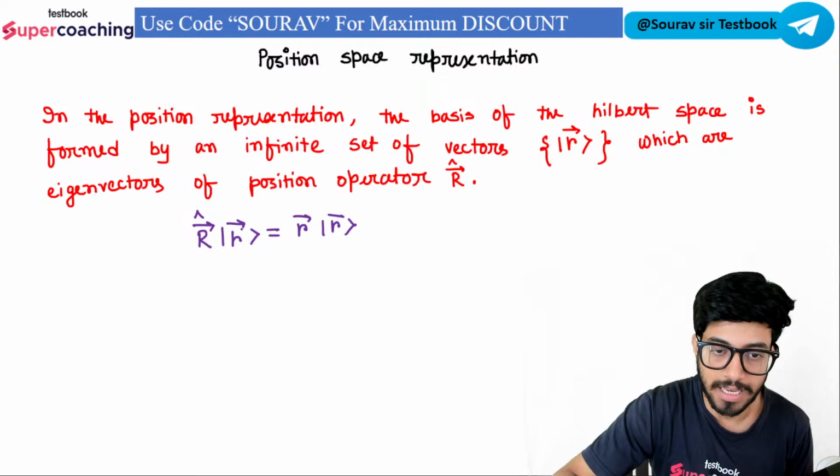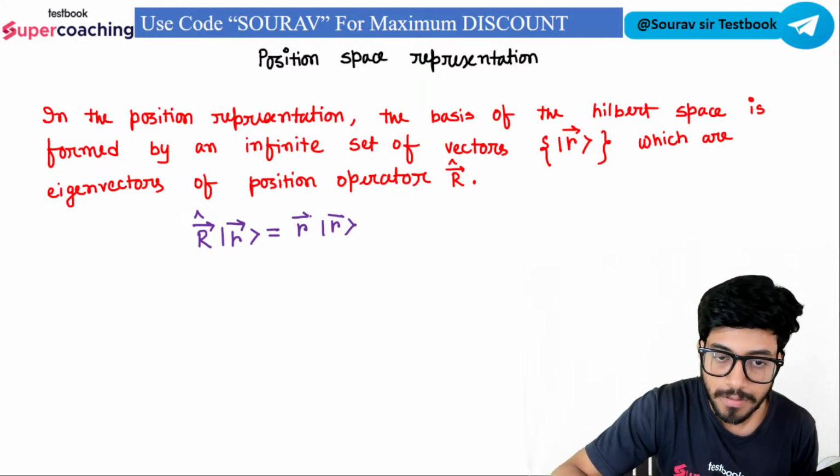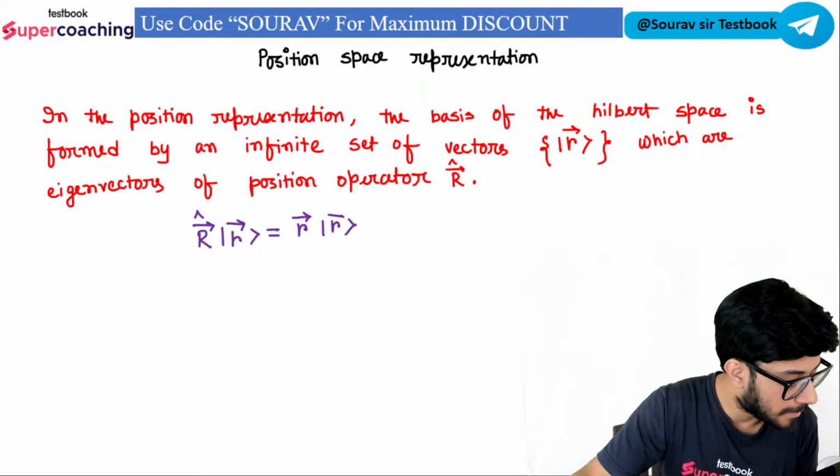So this is the eigenvector of the position operator with eigenvalue r.